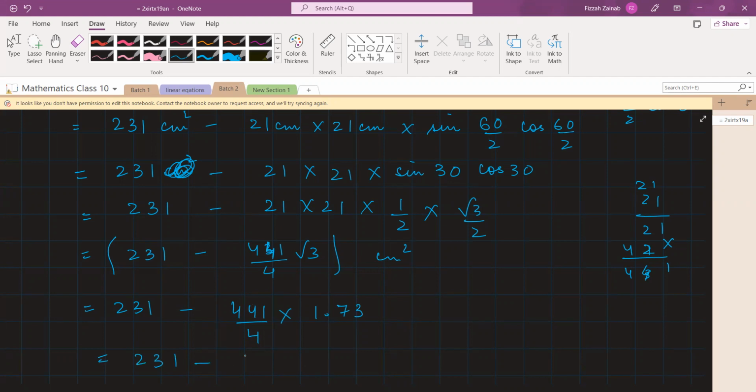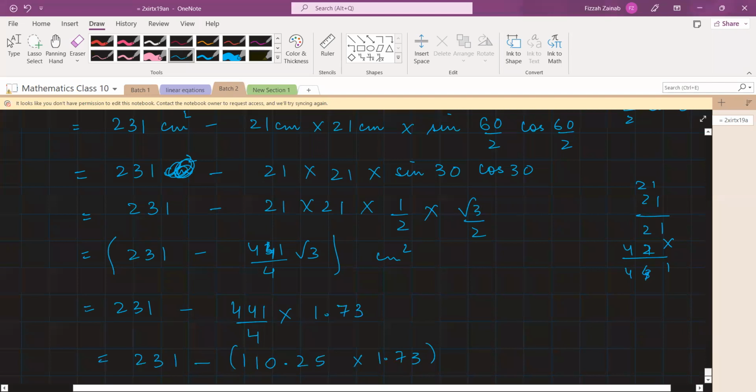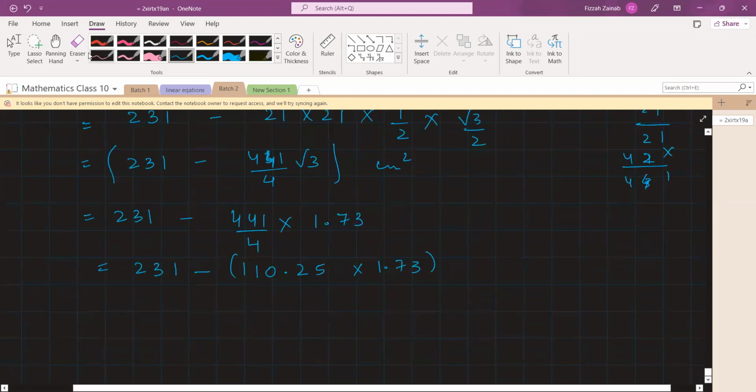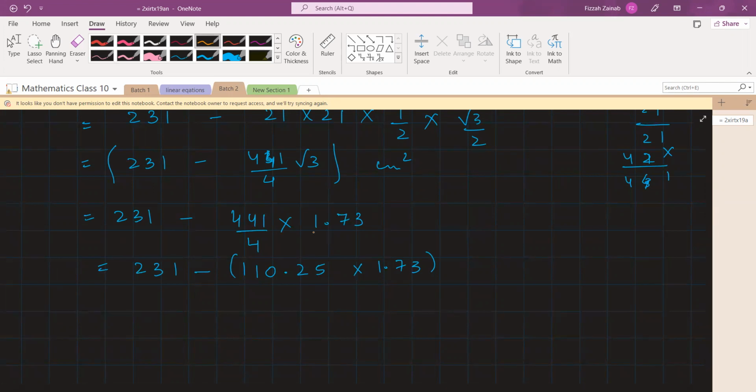So 4 into 1, then 4 into 1, then 0, then I have 10, right? So 4 into 2 is 8, and then I have 20. Okay, and then into 1.73. I think this multiplication you can do, right, Harsha? Yes, ma'am. Now please multiply this quickly.